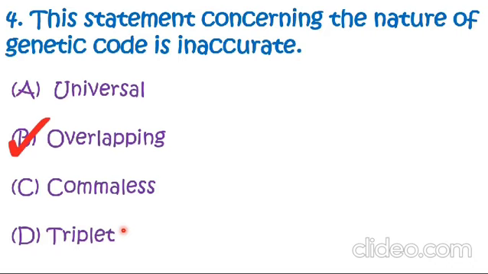The genetic code is not overlapping, right? Each nucleotide is a part of only one codon, and the codons are read sequentially without any overlapping. This is essential for the accurate translation of genetic information into protein. So our correct answer is option B, overlapping.